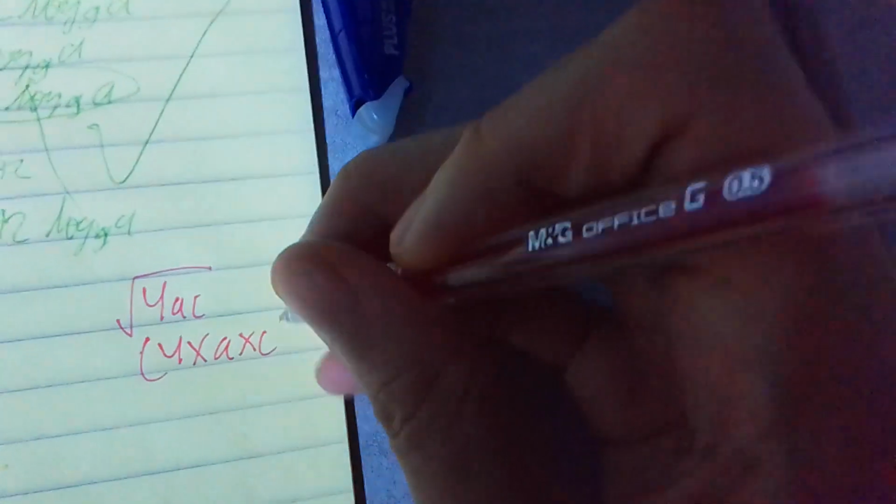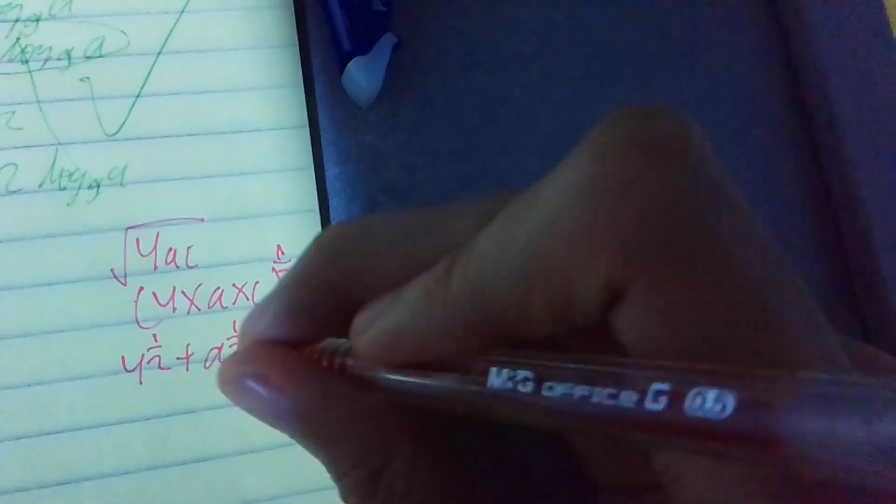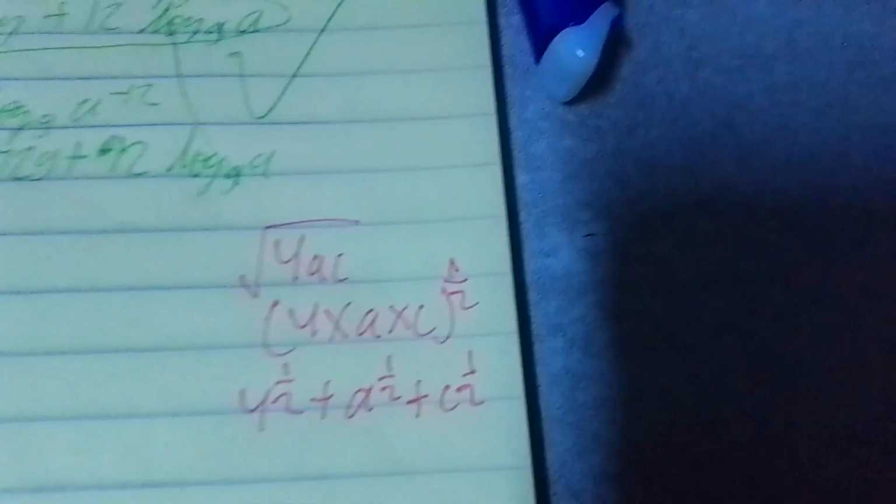And then we have log base 2 of 4ac. But I know they're all written in square root. So remember, when you see something like this, it's all in a group. So therefore, we're going to group that. You can rewrite the log base 2 of the square root of 4ac. Let's work this out.